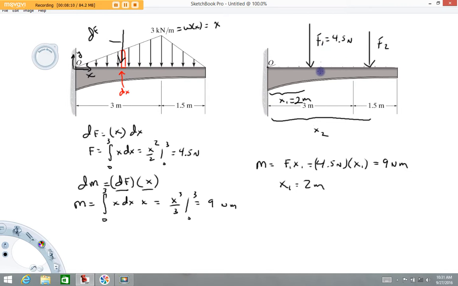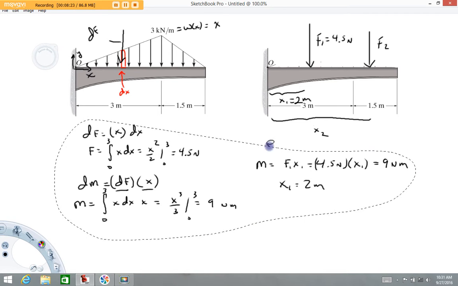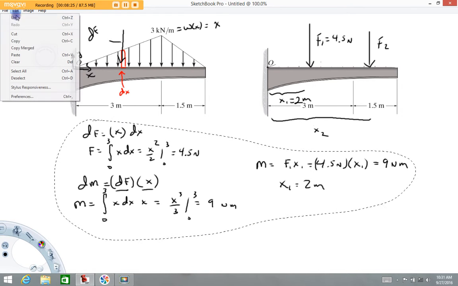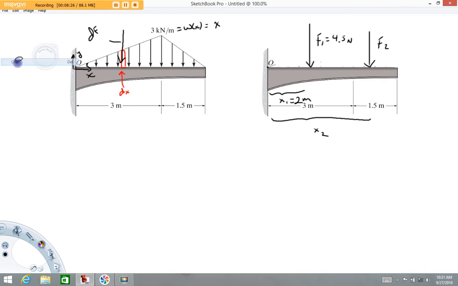Now, I've got the force and location for the first distributed load. We're going to take a look at now the second distributed load here, this one. And I'm going to take a moment and get rid of this stuff here. And I think what I'm going to do is chat about a couple ways to do this. All right, so now we're going to focus on this load distribution. The idea here is we're going to break the load up into little rectangles.